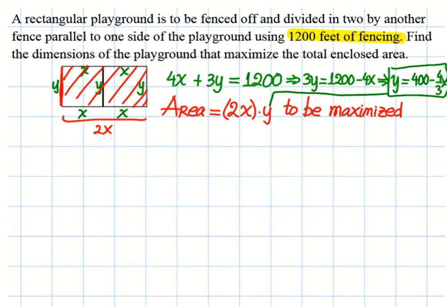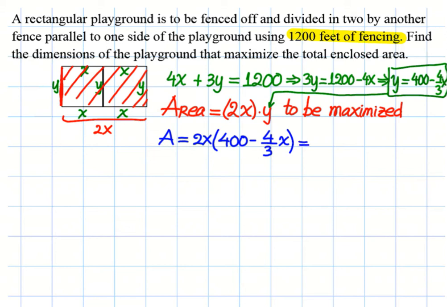Substitute that into this y. So the function that we're trying to maximize is 2x times (400 minus 4 over 3x). We can multiply it out.